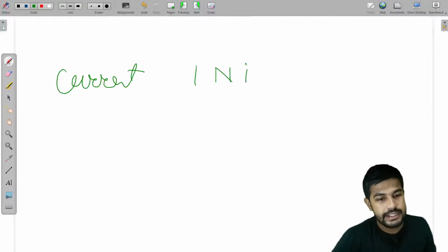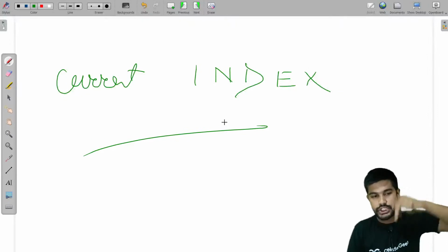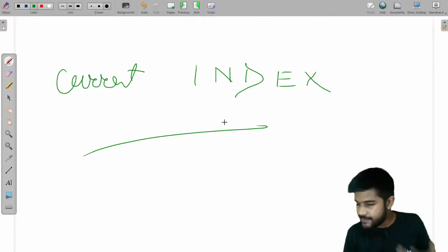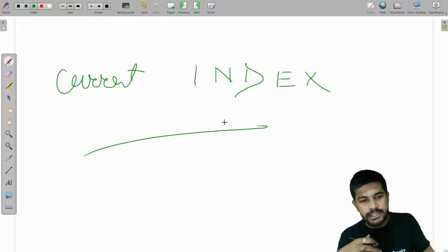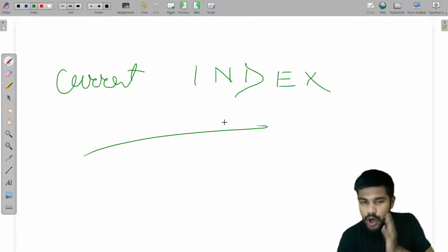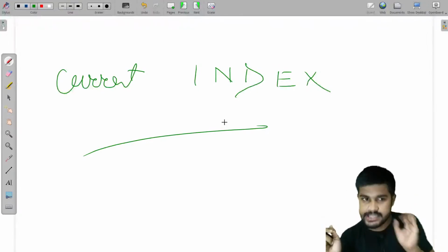The current index would tell us which position we are currently standing at, how many steps are left, how many steps have we already covered. All these things can be told by the index only. So this index is required.